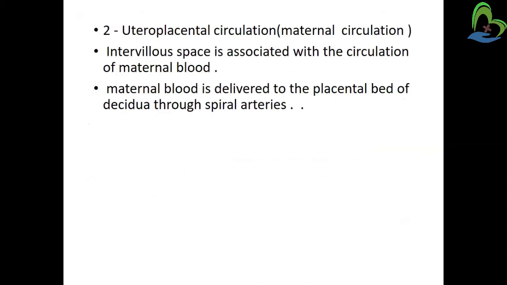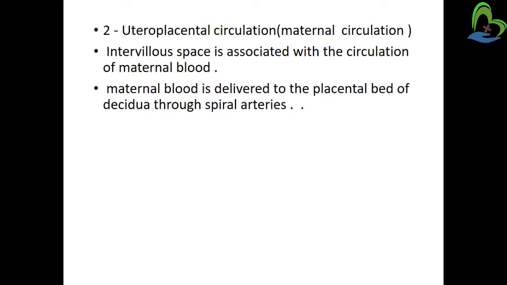Next is the uteroplacental circulation, which is also known as the maternal circulation. What mechanism is included in it? The intervillous space between the two plates, which we already learned about.